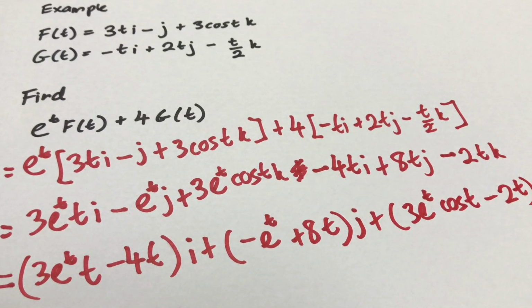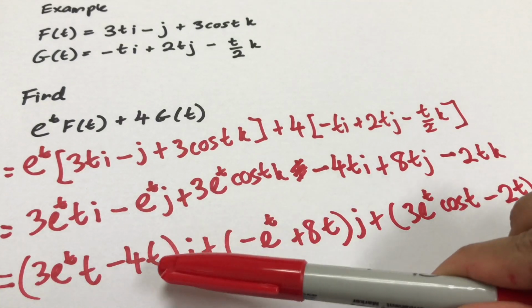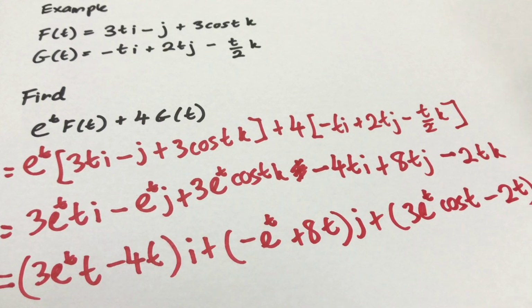Okay, I think this is it. There's nowhere else to simplify unless you would like to factorize t here, but I'll just leave it as it is.